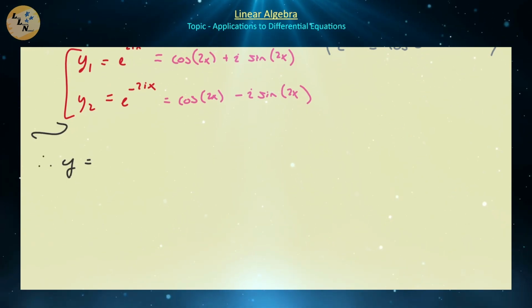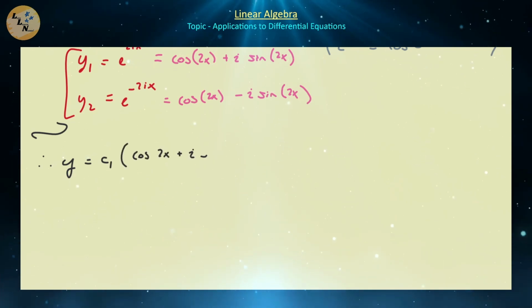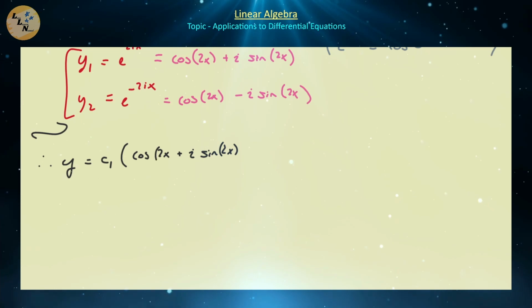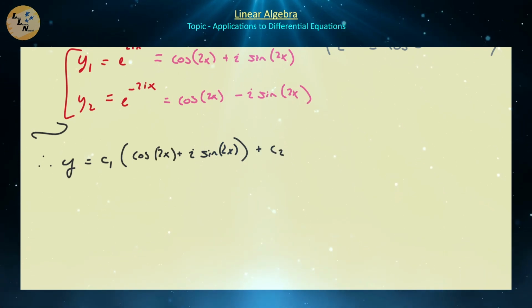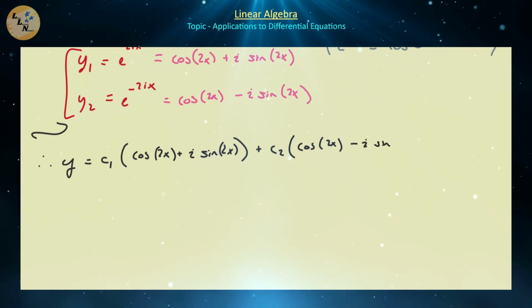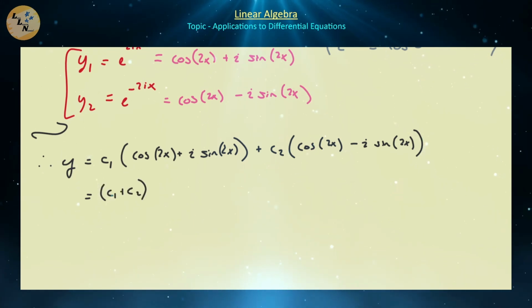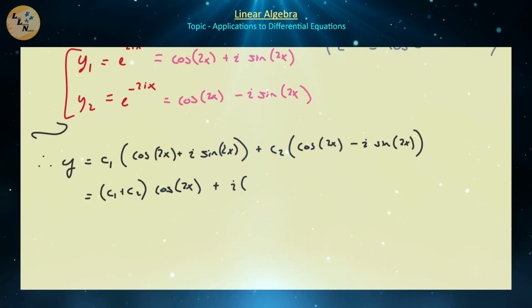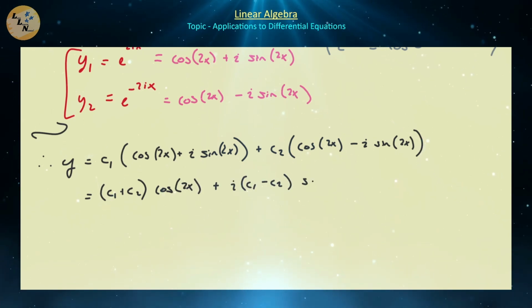So that means y is going to be equal to c1 times (cosine 2x plus i sine 2x), and then plus c2 times (cosine 2x minus i sine 2x). And then we can distribute those constants and regroup. So we're going to have (c1 plus c2) cosine of 2x, and then plus i (c1 minus c2) sine 2x.